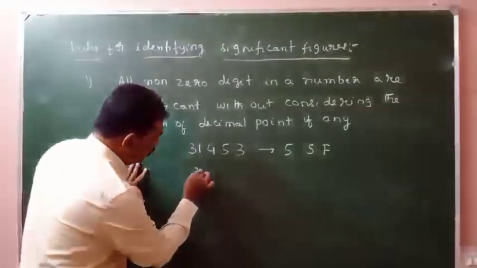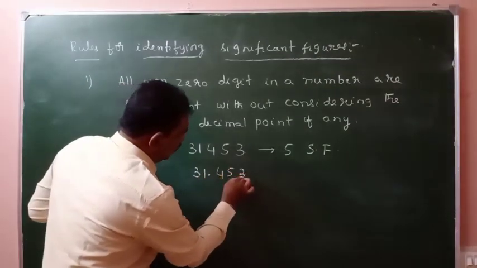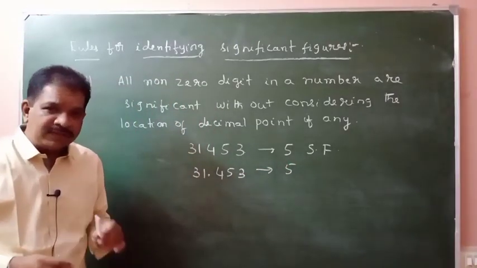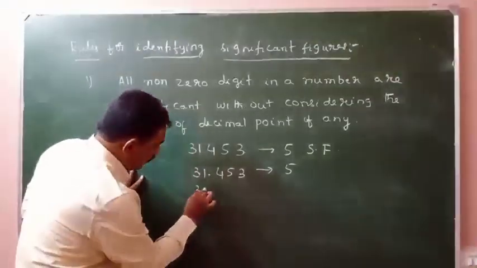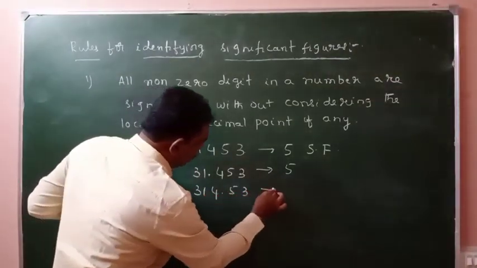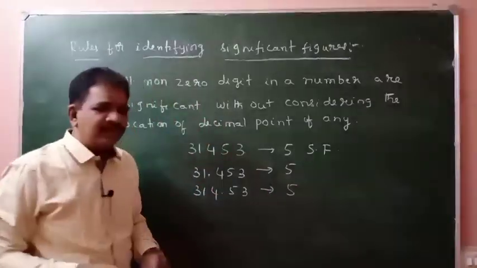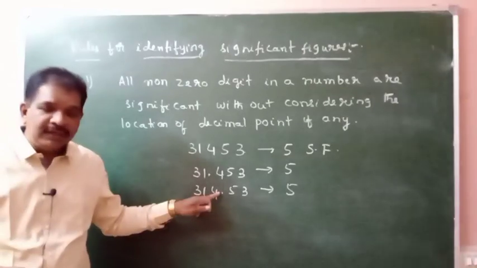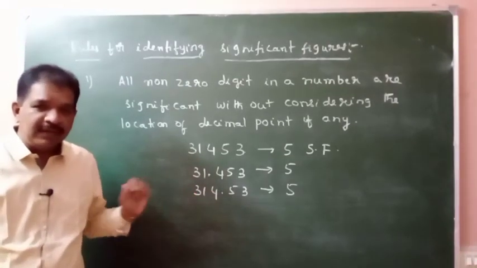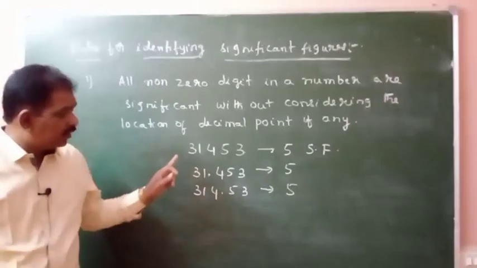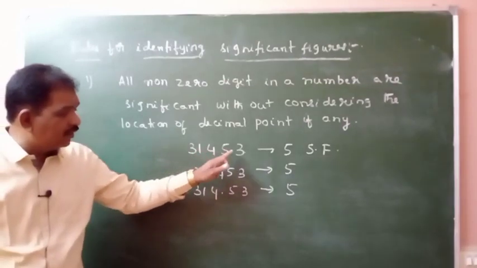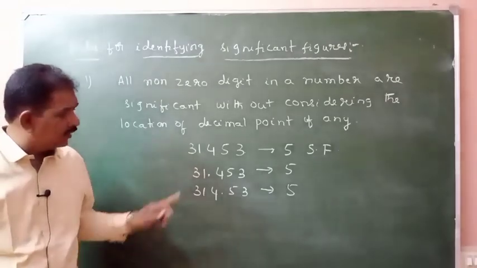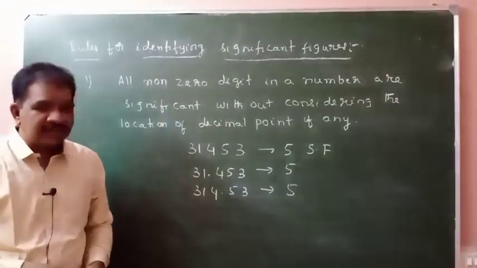For example, 31.453 will also have 5 significant figures. 314.53 will also have 5 significant figures. So whether the decimal point is there or not, all the non-zero digits in a number will be significant. Clear? That is the first one.